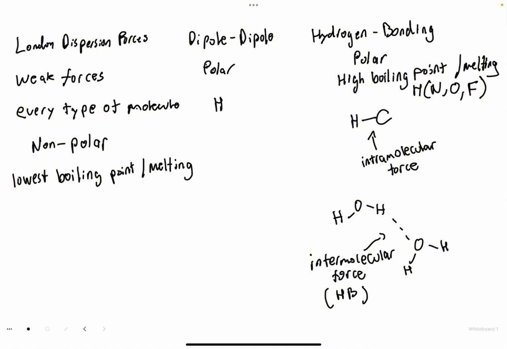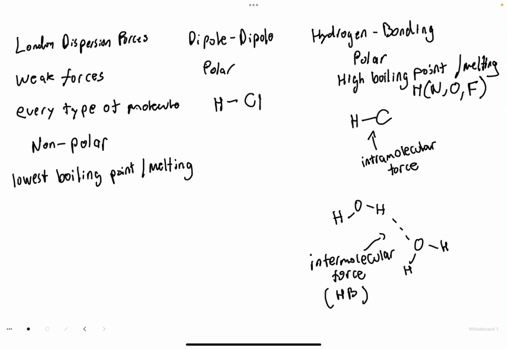So say we had something a bit different in terms of this. This would be separate. So say an HCl. So when you have HCl, these two are separate from each other, and this would be considered to be polar.